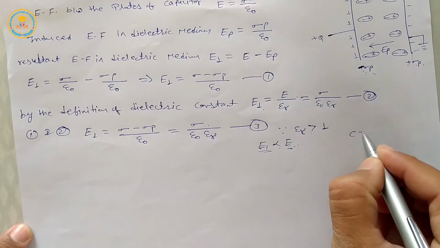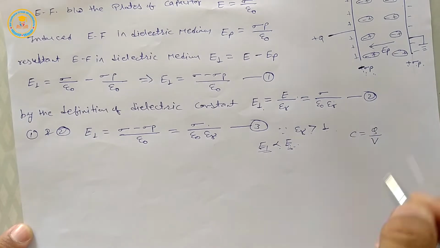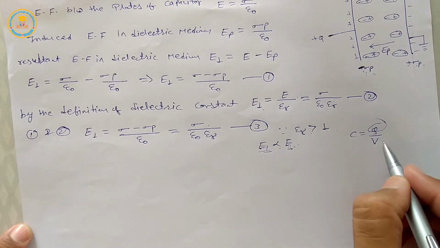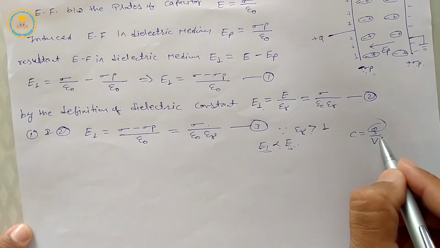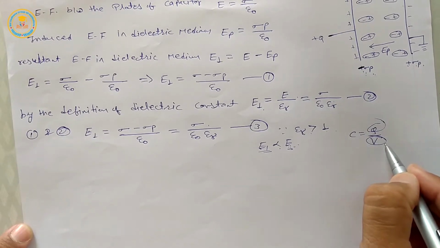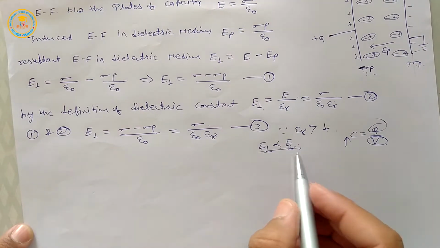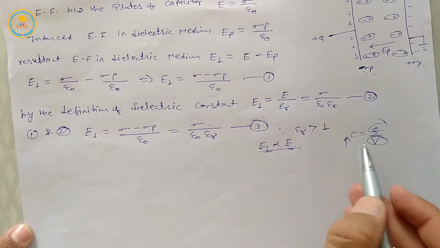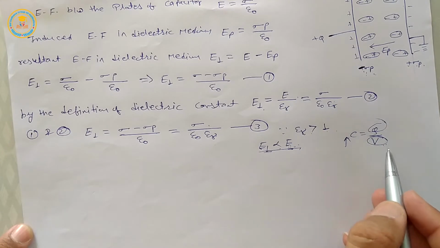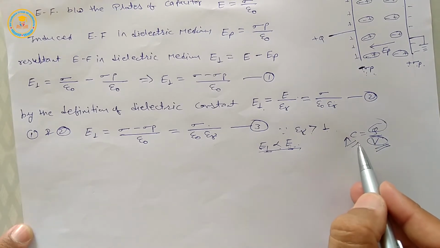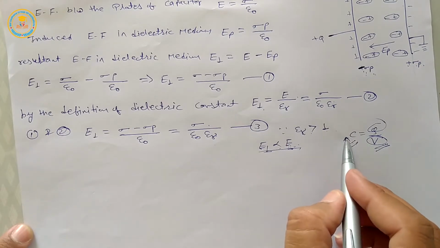So from this equation, C is equal to Q upon V. At constant charge, if we decrease the potential difference, then capacitance will increase. So we can say that since the electric potential difference decreases, the capacitance of the capacitor will increase.